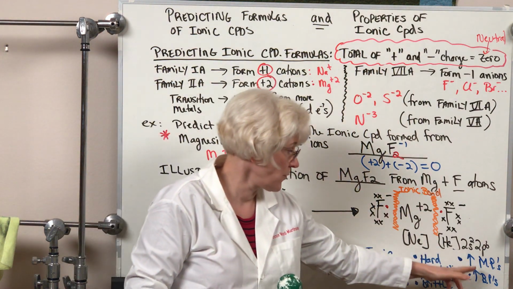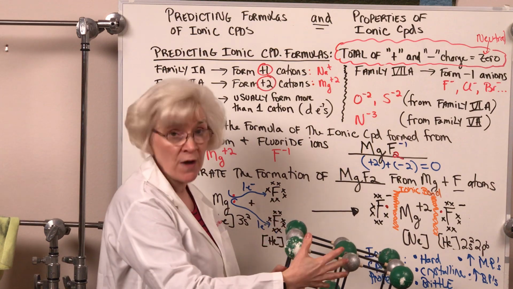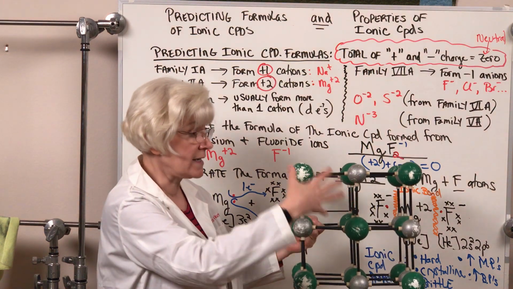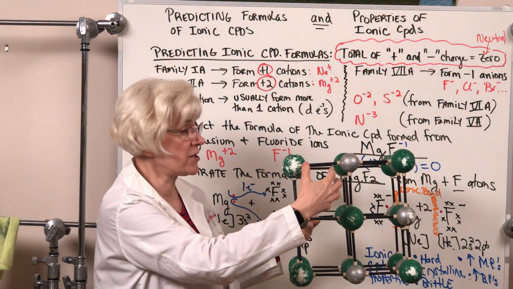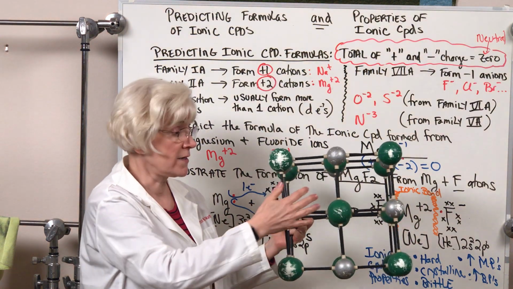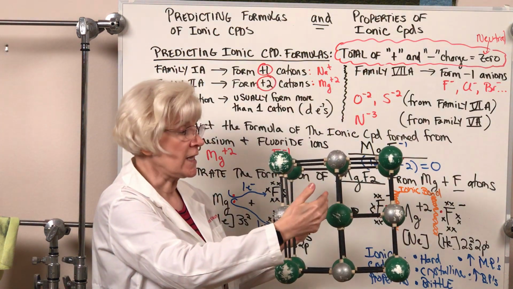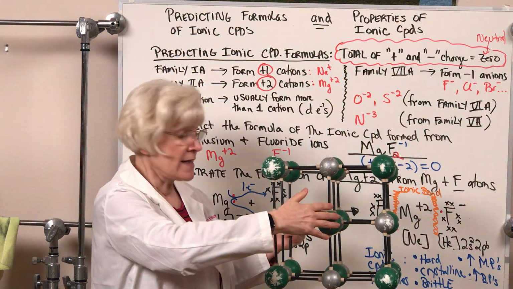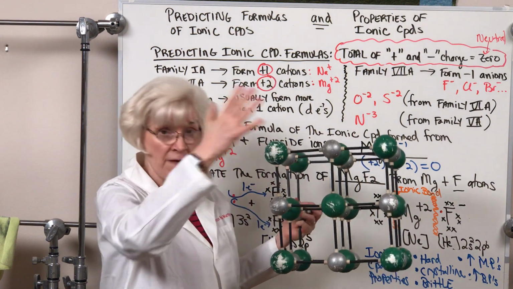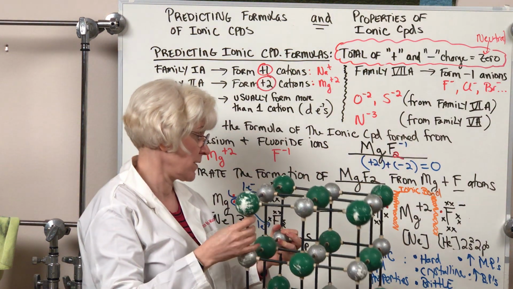The high melting points and boiling points are an indication of the strength of the ionic bonding, the attraction of the oppositely charged ions, and how much energy would be required to either melt them, convert into a liquid, and then even more energy to vaporize, pull the ions totally apart from each other.